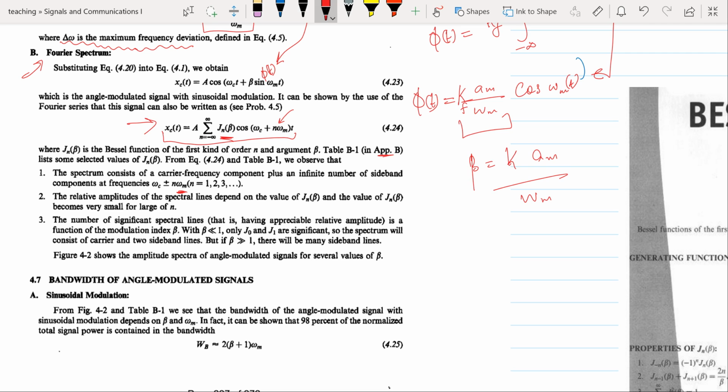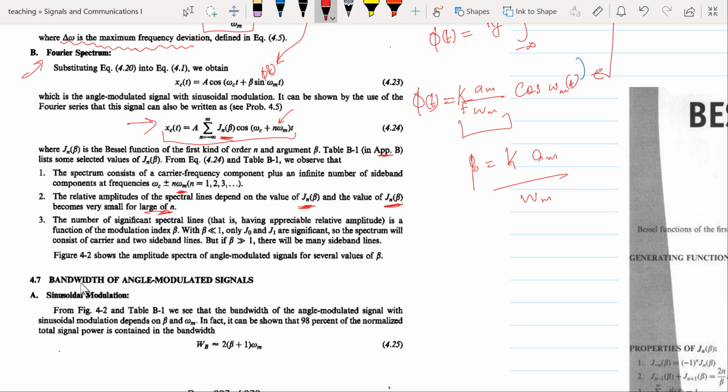And number two, the relative amplitudes of the spectral lines depend on the value of beta, and as we have said, the values of the Bessel function of the first kind grow very small for the larger values of n.